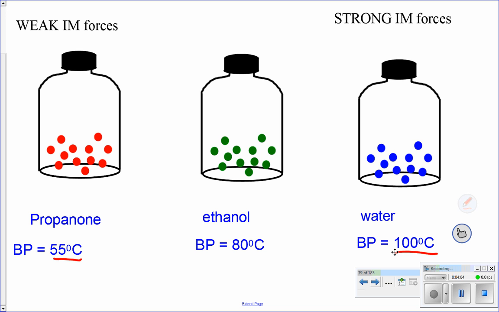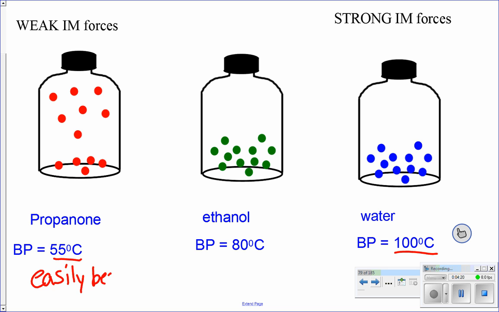If you put all these containers at the same temperature, something with weak intermolecular forces is going to have a lot of vapor molecules. It very easily becomes a gas. In the propanone, we have a lot of the particles becoming a gas. In ethanol, we have moderate intermolecular forces, so we're going to have some particles becoming a gas, not quite as many.